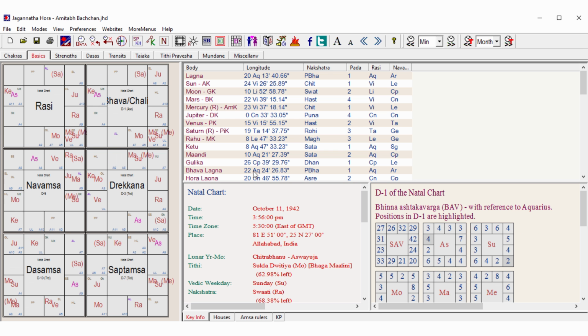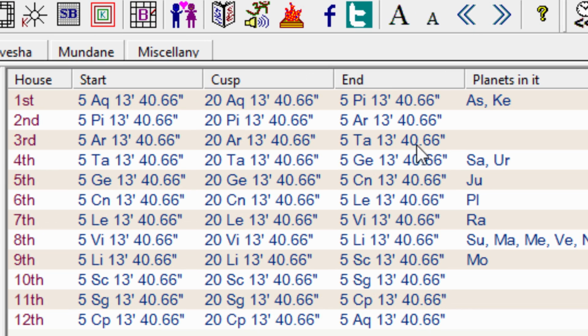If you want to recheck on what we have done, let's look at Mr. Amitabh Bachchan's chart and click here houses, and you will get the houses here. So the first house midpoint, if you want to use the word cusp, it's fine, but actually it is the midpoint of each house, and the midpoint of the Lagna is 20 degrees Aquarius, and here it is 20 degrees Aquarius and 13 minutes, and the 8th house is 20 degrees Virgo and 13 minutes.